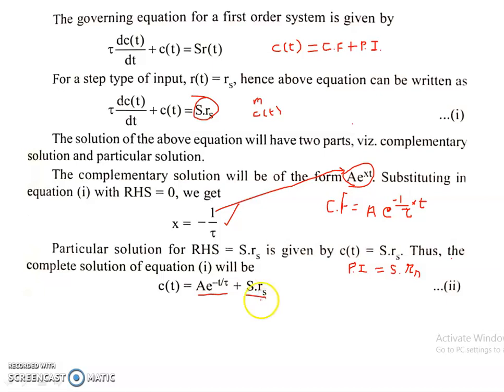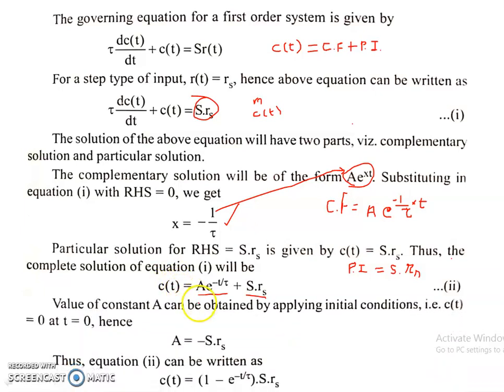Now in this equation there is a constant a, so we have to remove this constant of integration. What we have to do is put in the initial conditions. So what is the initial condition? The initial condition is that when time is equal to 0, the output C(t) will also be 0.